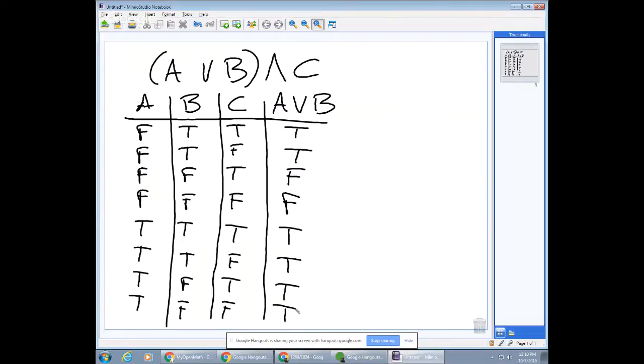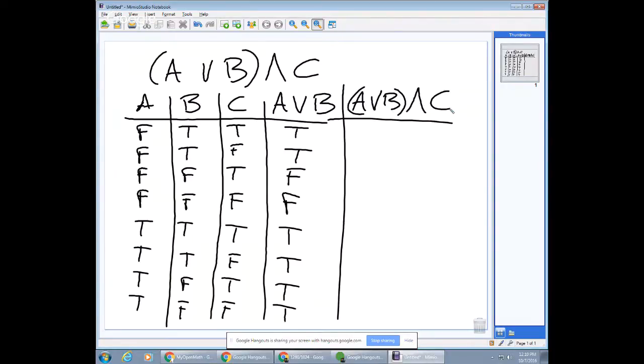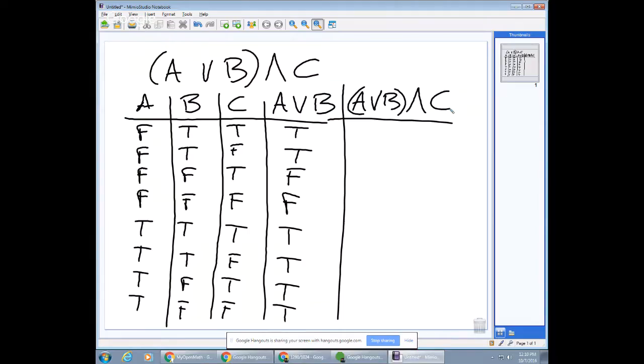We have C here. Now we're ready to do the final one, which is parentheses A or B, then combine that with and C. So I'm just going to rewrite that down here. And let's see, what does and require for a true? Both. Yeah, they both have to be true, otherwise it's false.